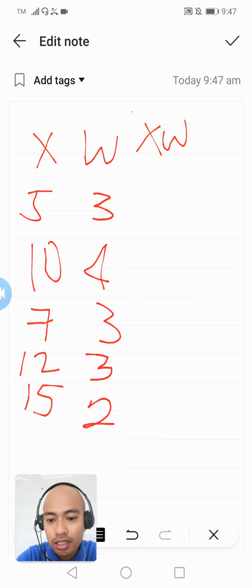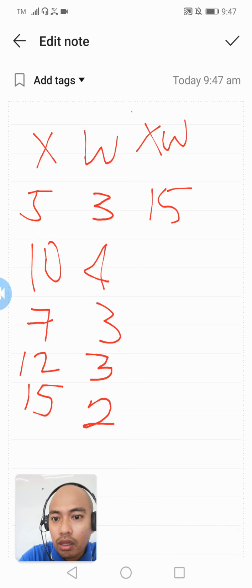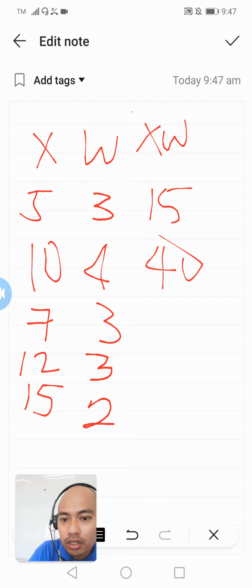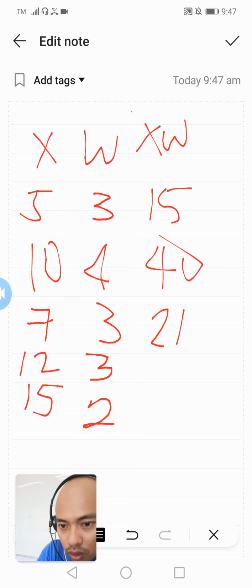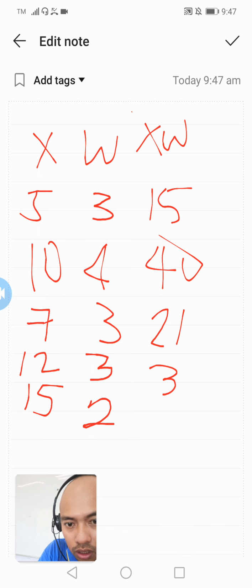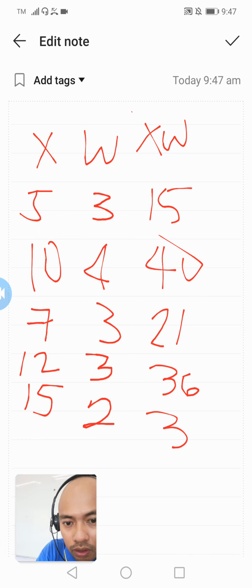It means we are multiplying the variable X and the variable W. So 5 times 3 is 15. 10 times 4, we have 40. Then 7 times 3, it is equal to 21. 12 times 3 is 36. Then 15 times 2, we have 30.